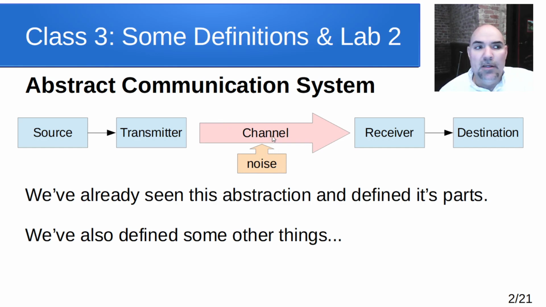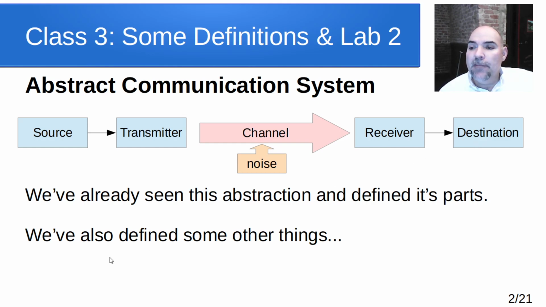It could be electrical noise on the wires, like capacitance or RF interference or something like that. It could be any source of something that changes or damages the signal in some way. Then we have the receiver that takes the information off the channel and decodes it, and then the destination is where we now have the information going through.